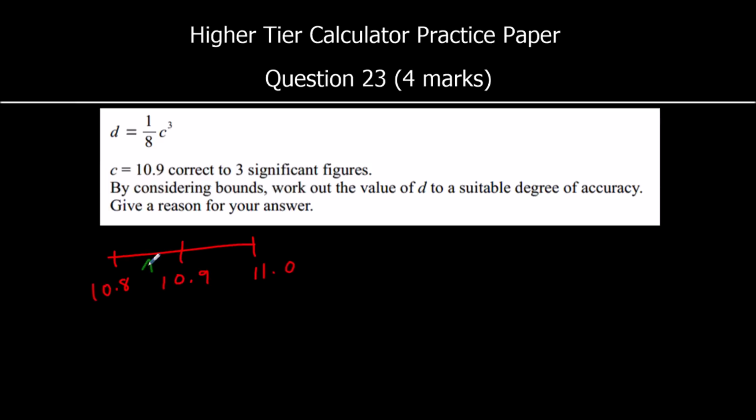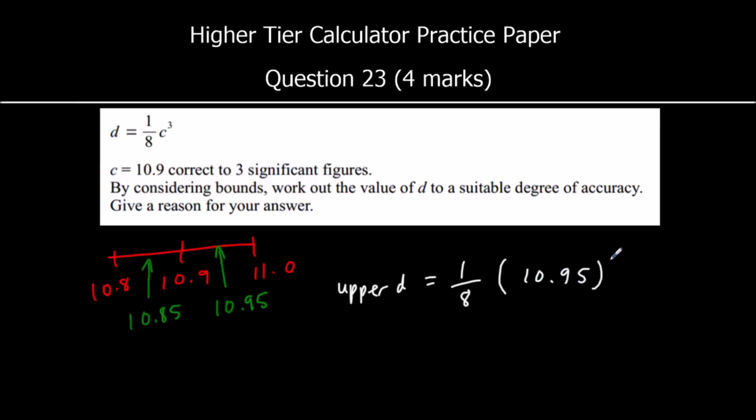So its lower bound is 10.85. Its upper is 10.95. So the upper D, the biggest thing D can be, is 1/8 of 10.95 cubed.